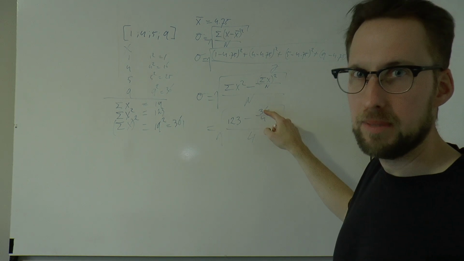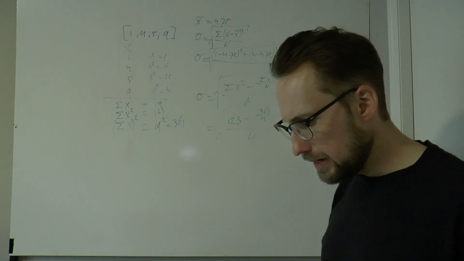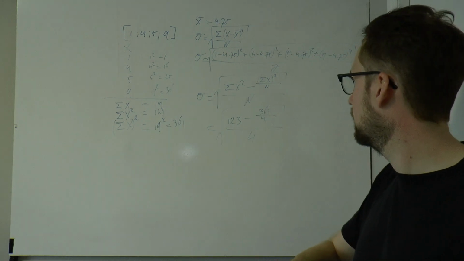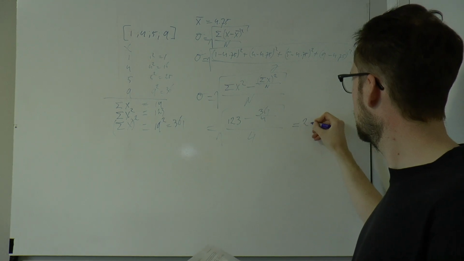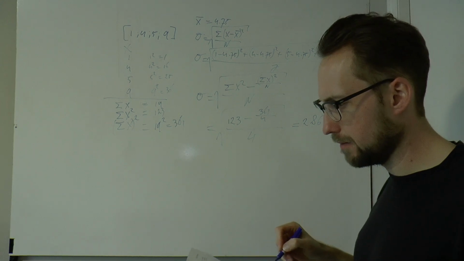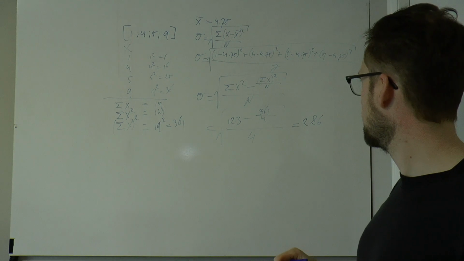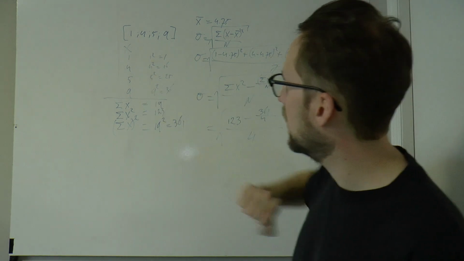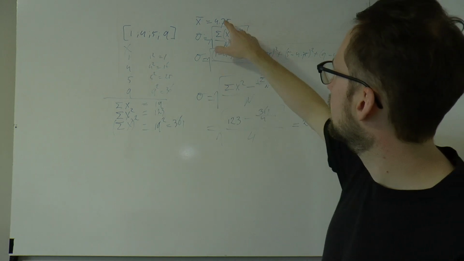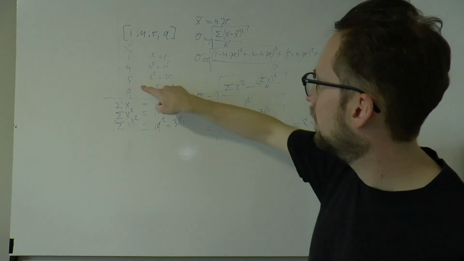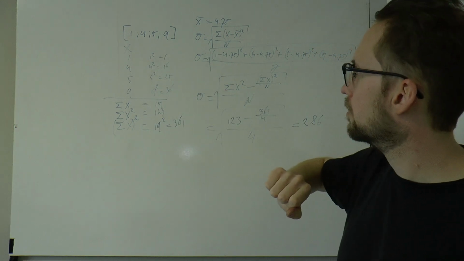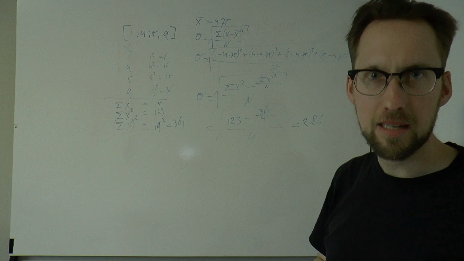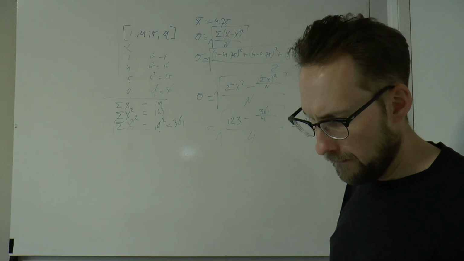Okay? Maybe that helps. And if I do this, then I get 2.86. Oh, sounds pretty good. That looks to me like it could be right. Right? The mean is 4.75. I have some bigger values, I have some smaller values. I think that standard deviation looks about right.